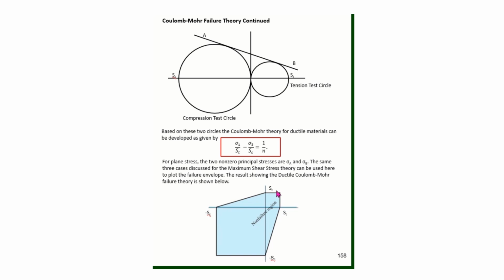Over here in quadrant 1, we just have our regular box. So this looks an awful lot like the maximum shear stress theory, and we have essentially the same shape of our envelope, except now our compressive yield strength is much bigger than our tensile yield strength.